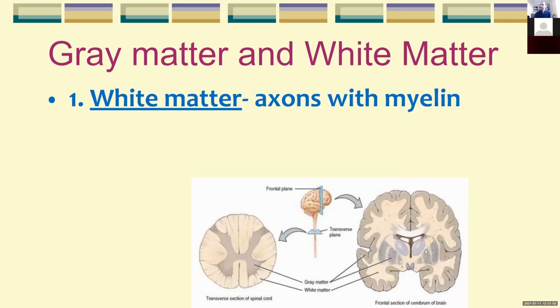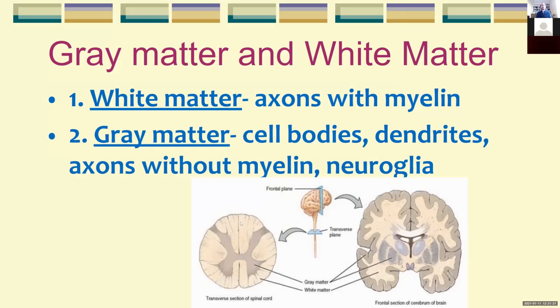All myelinated axons. All of these connections are myelinated axons. These are all these neurons packed really tight together. This is spinal cord. So this is a section about right here. All this is the myelinated neurons. All this is the myelinated neurons.